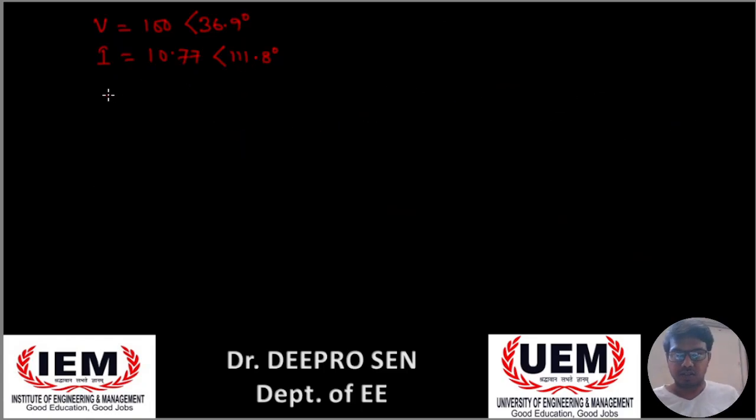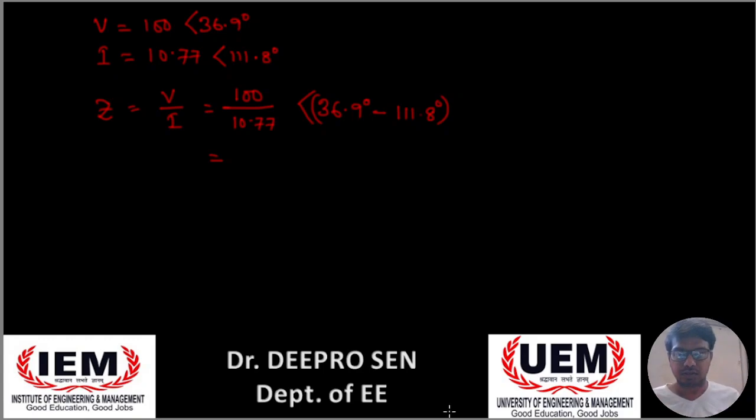So Z will be the division of V by I, which makes it equal to 100 by 10.77 for the magnitude, and for the angle it will be 36.9 minus 111.8 degrees on the angle scale.